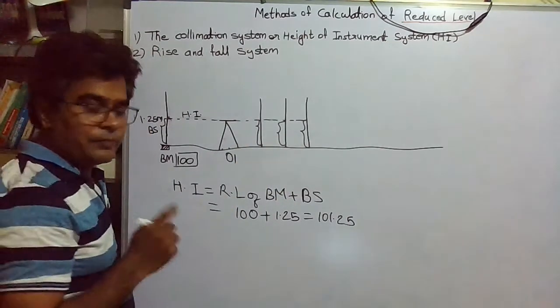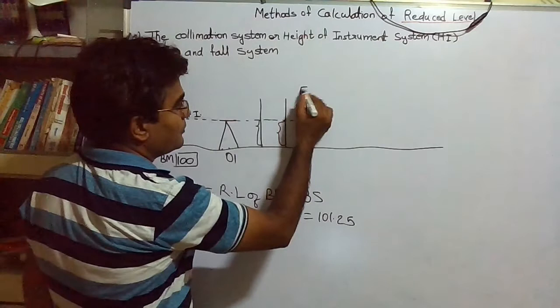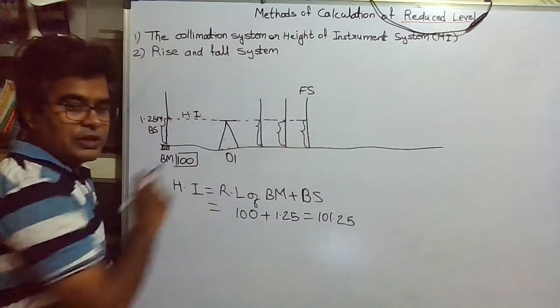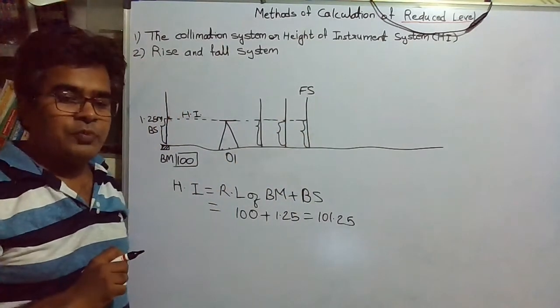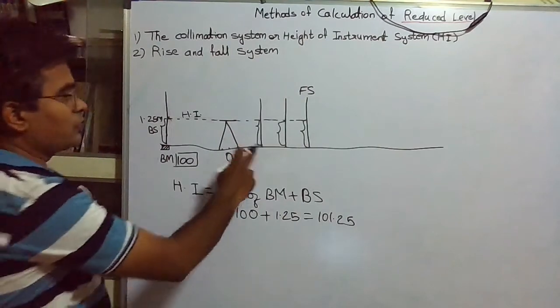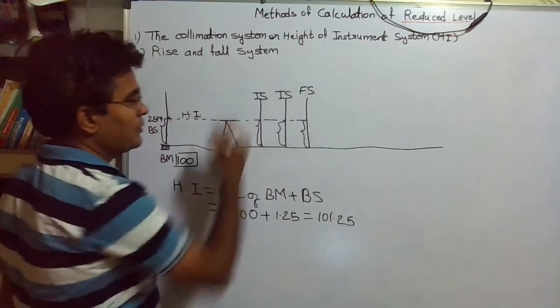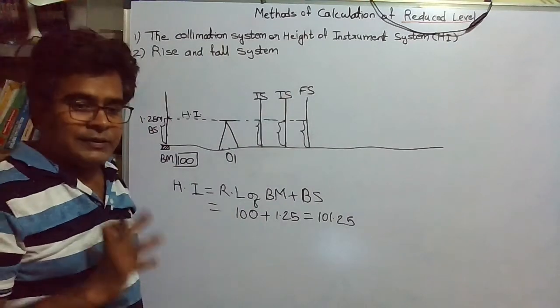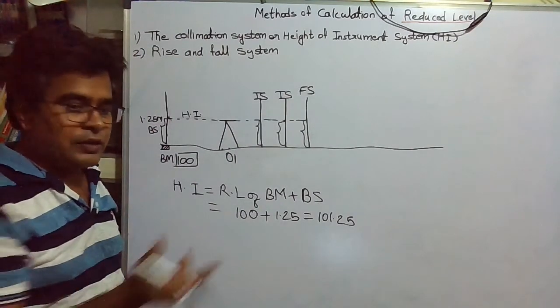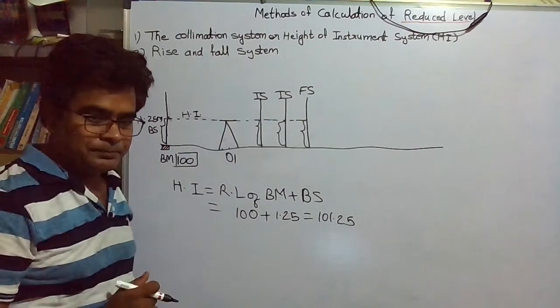What is the last reading? It is nothing but the foresight. The last reading taken with any setup of the instrument is foresight. And these two readings are intermediate sight. Any readings taken between the backside reading and the foresight reading are intermediate sight readings.